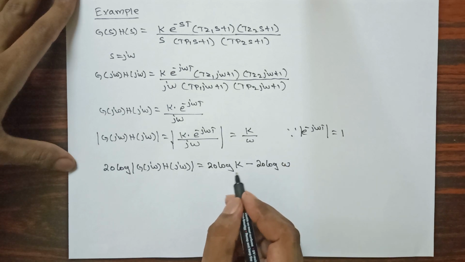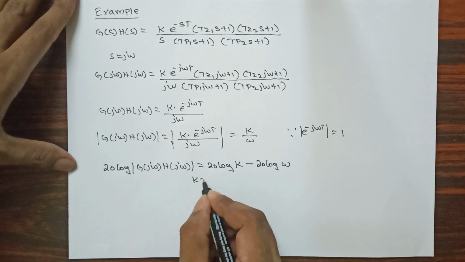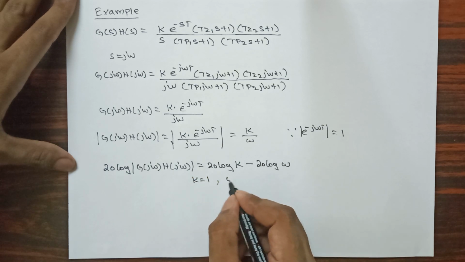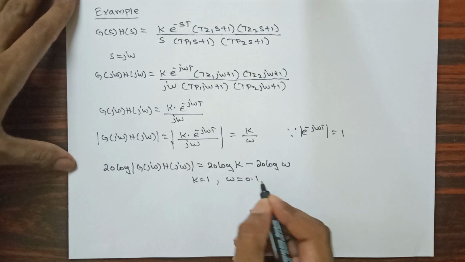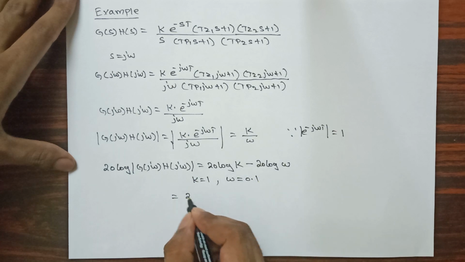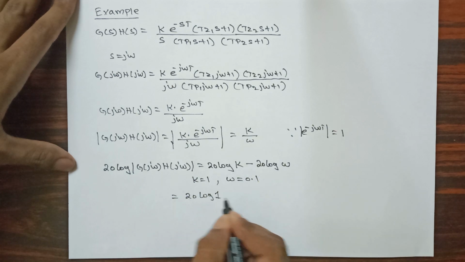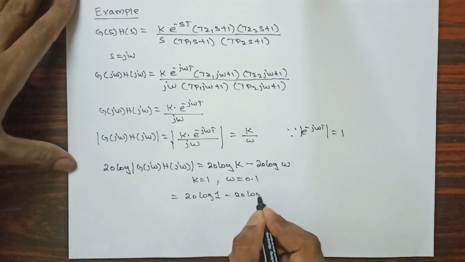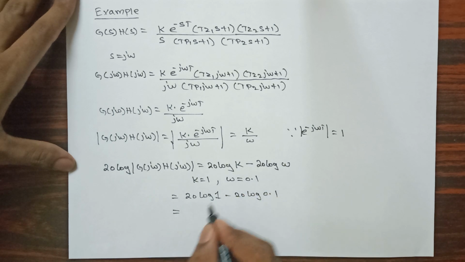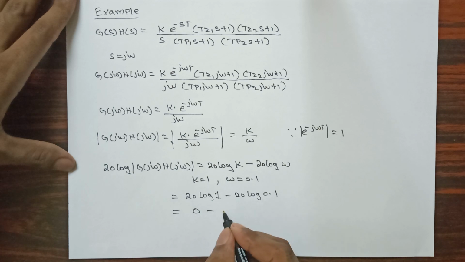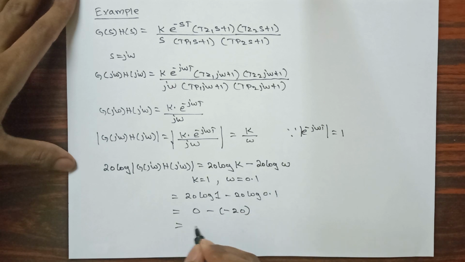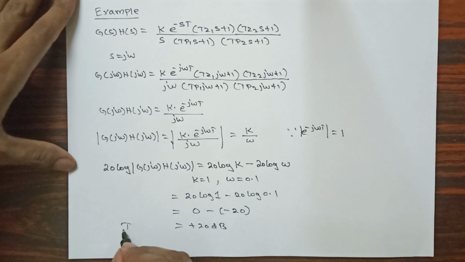If k value is not given, then we need to consider k is equivalent to 1, and omega value, as I said, always we are going to consider 0.1. So by this we are going to get 20 log 1 minus 20 log 0.1. The initial gain I will be getting 0 minus 20 log 0.1, and the value is minus 20. Therefore I will be getting here plus 20 dB. So this is the initial gain.